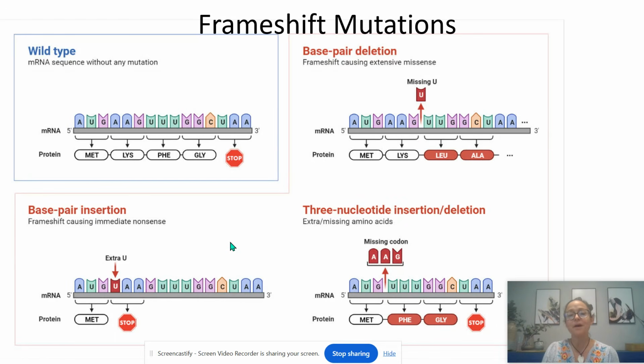Now, one type of frameshift mutation that maybe isn't so bad is when you either insert or delete nucleotides in groups of 3. You can see in this bottom screen, if you remove 3 whole nucleotides, you're basically just removing a codon, and therefore the polypeptide will be 1 amino acid shorter.